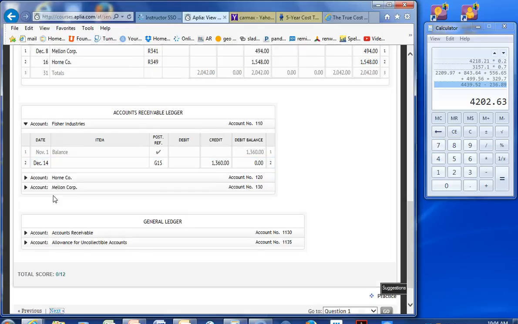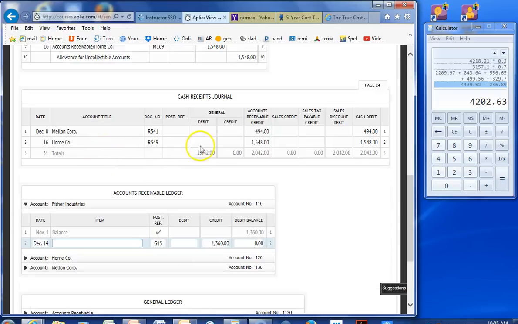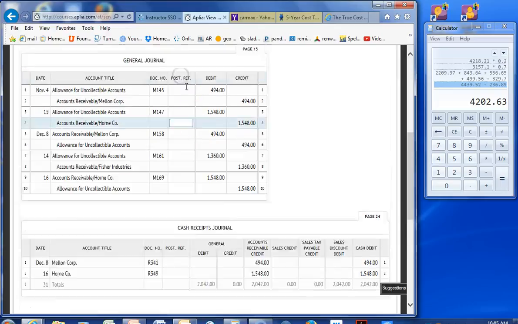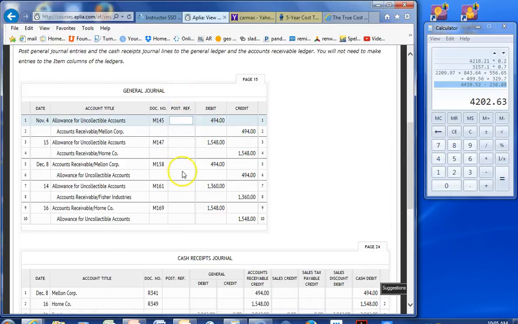And our balance is 0. I don't know why we're not allowed to write written off. All right, I'm leaving it blank. I mean, if you look at G15, it shows up here for Fisher's, right here, that we are writing it off. I just don't understand why we can't. Okay, we'll come up and fill these in a minute.